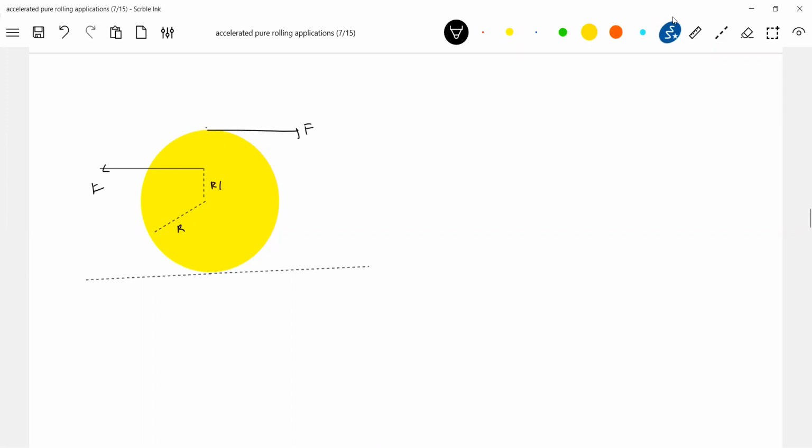Can I do like this also? So let this be a disk. Earlier I took this. No, let me take solid sphere.